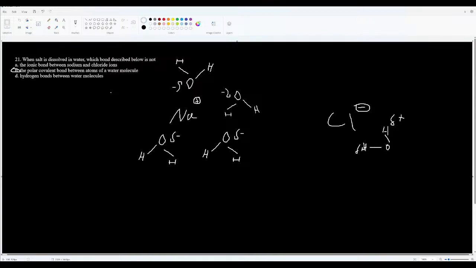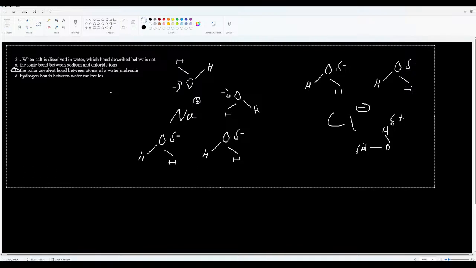So this is for sodium. All of the negative oxygens are attracted to the sodium. And over here, it would be for the hydrogens. Just like that. These waters just love to be near the salt because of how attracted they are to them. So that's number 21.